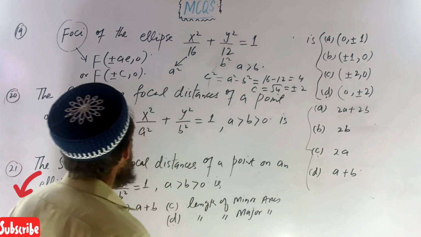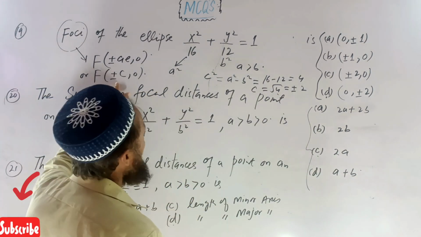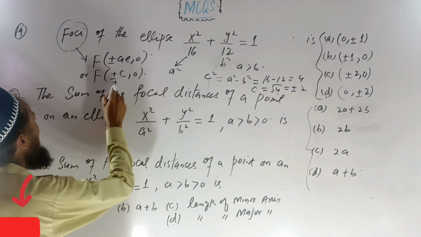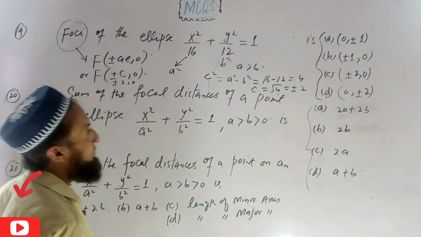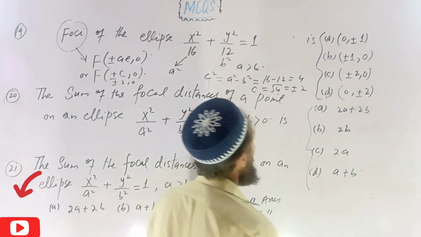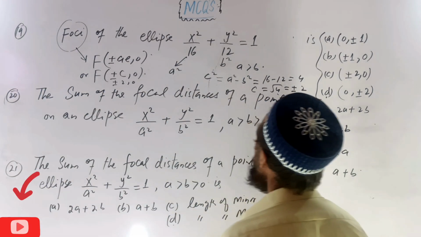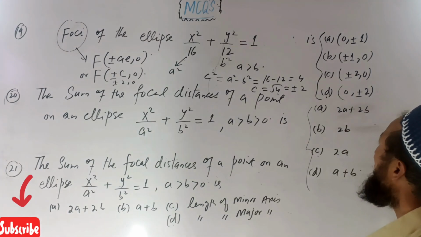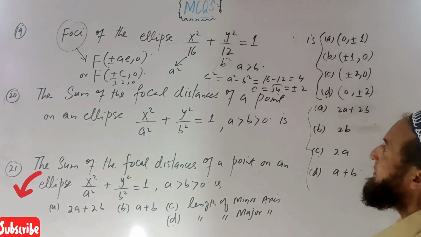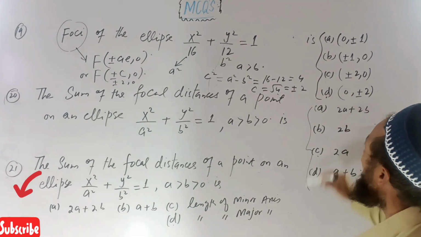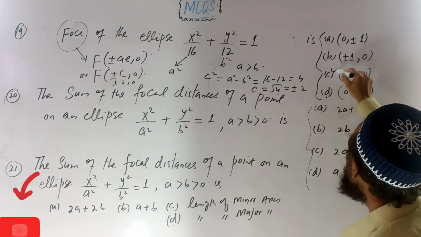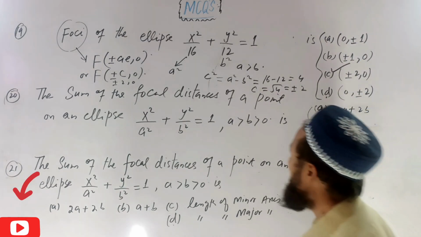So the foci are (plus minus 2, 0). So option C is the correct option.